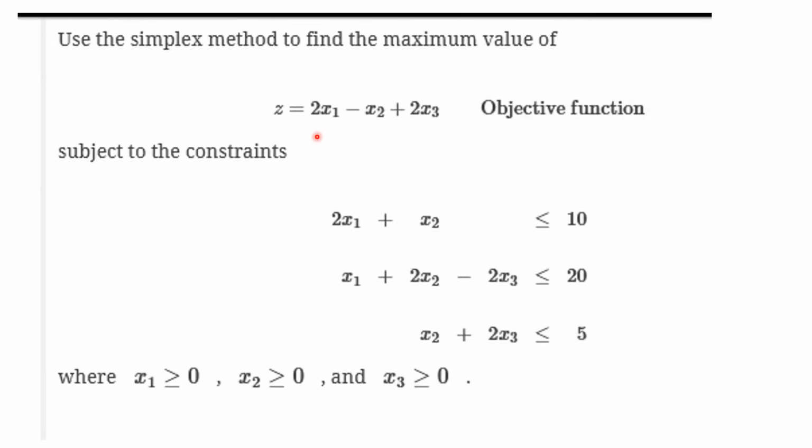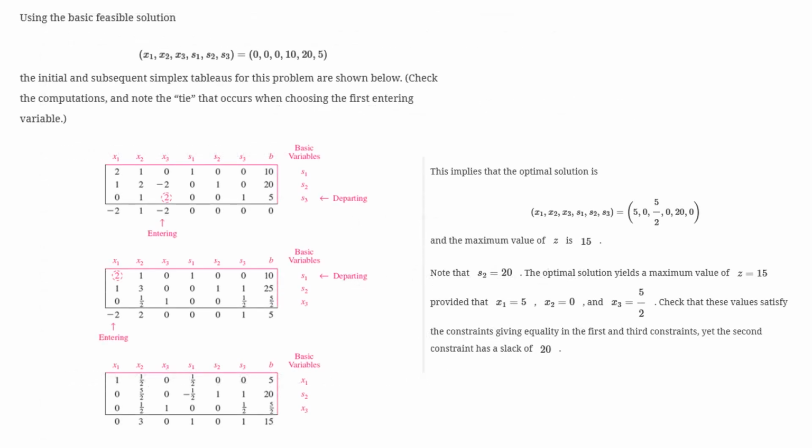So here's our problem. Notice now we have 3 variables and we have these constraints. And notice the non-negativity constraints are explicitly listed here. Okay, and so we add slack variables and we set up our initial tableau, and this is our initial tableau. So you see we have negative values, so that means that x3 in this case is going to be entering the basic solution.